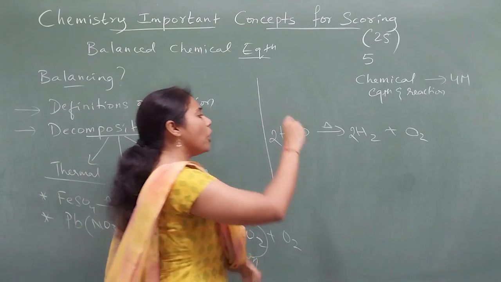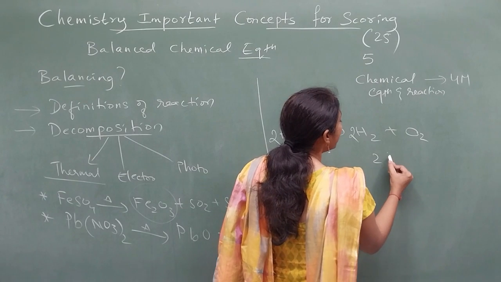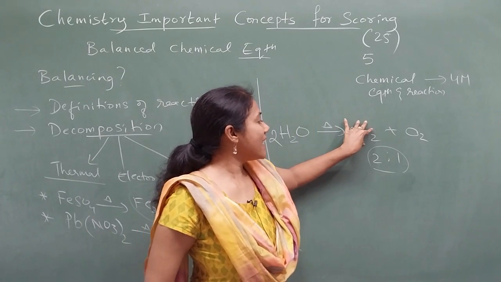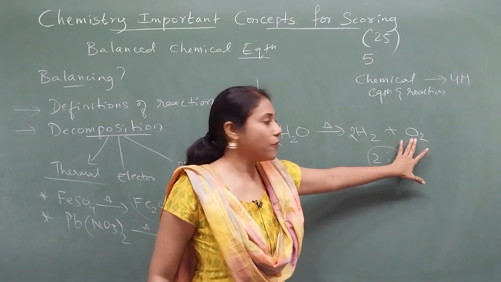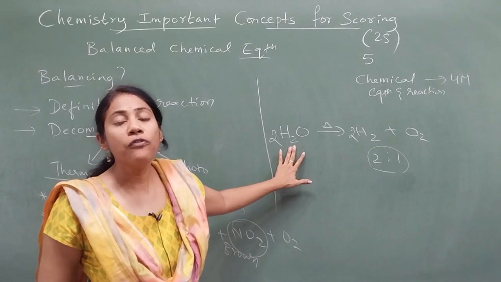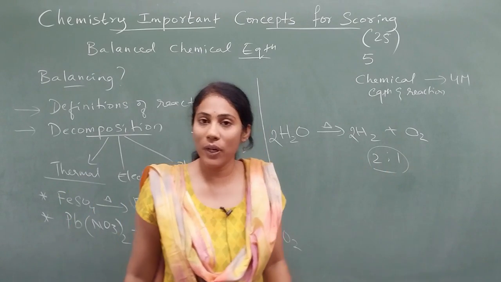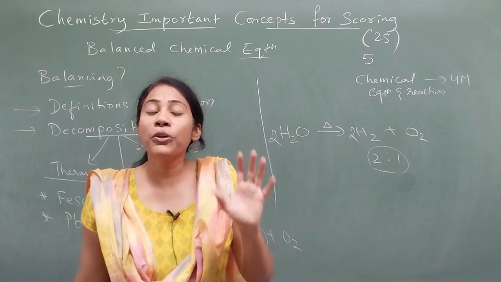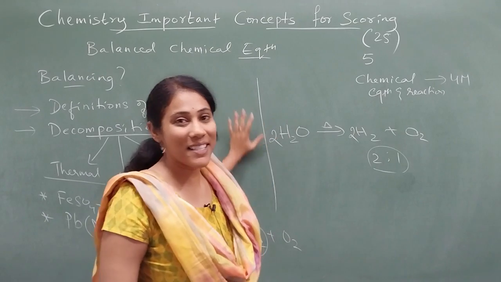See, the amount of hydrogen and oxygen obtained here is in a 2:1 ratio. Okay, so hydrogen gas is double the amount as compared to oxygen gas formed. Why, they will ask? Because the ratio of hydrogen and oxygen in water is 2:1. Okay, so very simple answers are enough. You don't need to write essay type answers in chemistry.